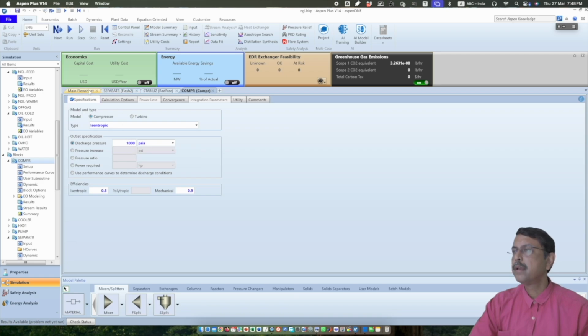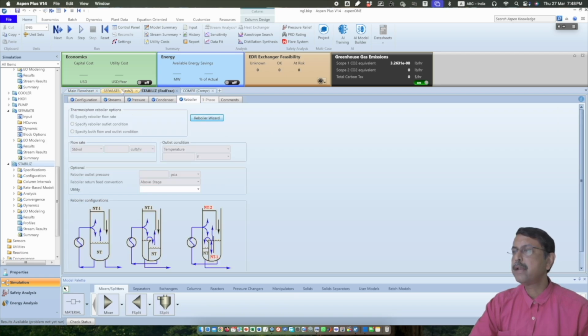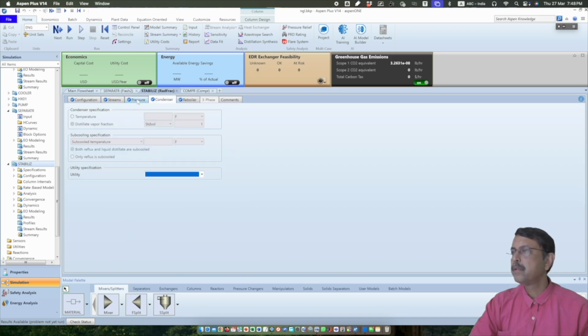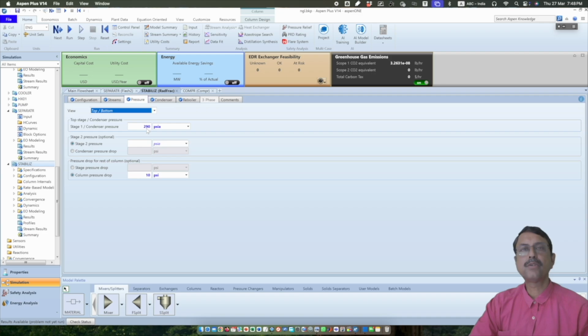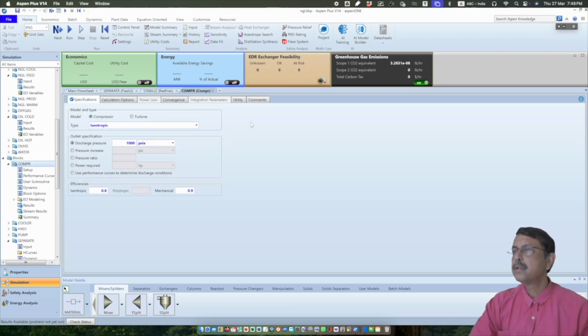We had the stabilizer condenser pressure at 290, so from 290 to 1000 psi, it is increasing. The discharge pressure is increased by over threefold. The isentropic efficiency and mechanical efficiency have been given.